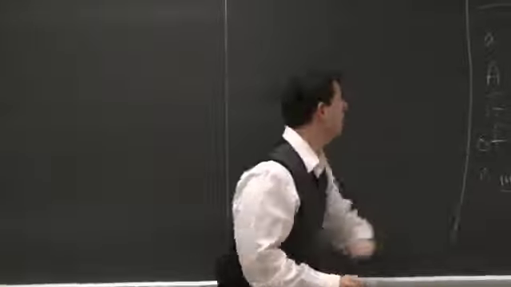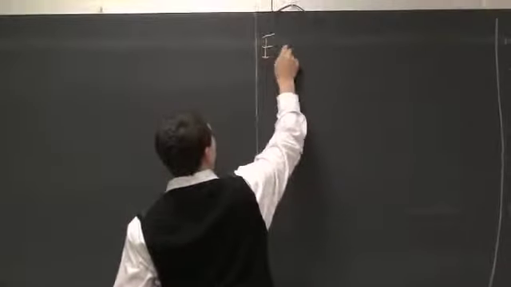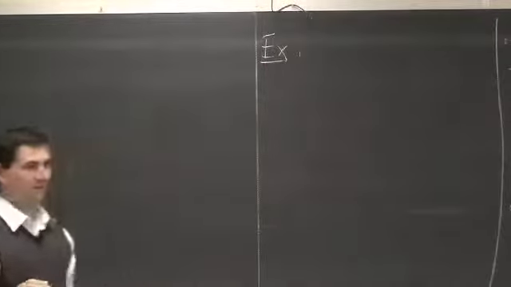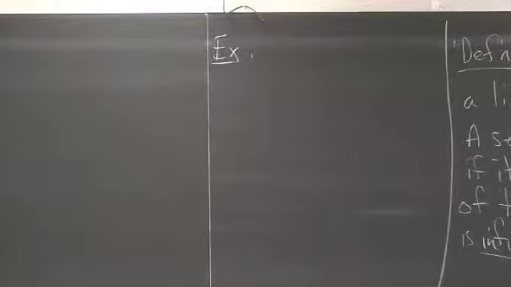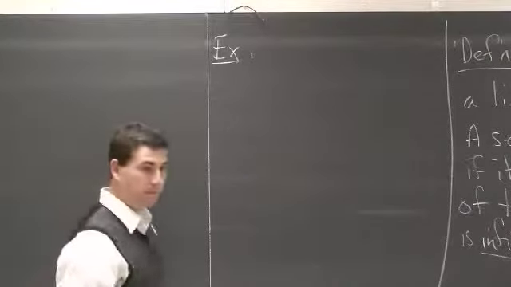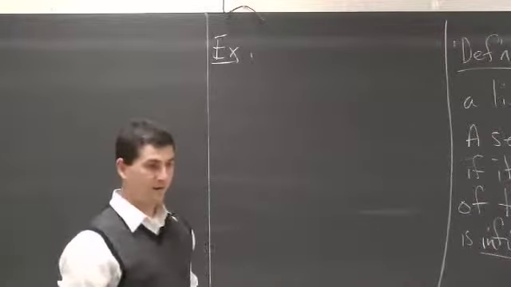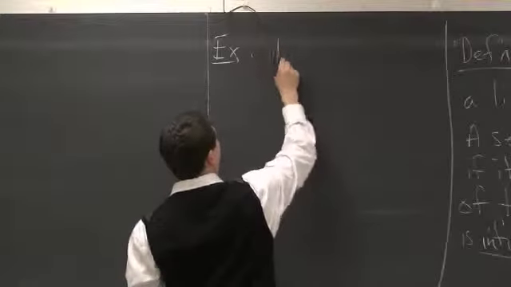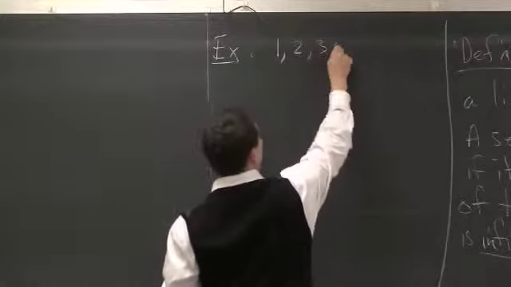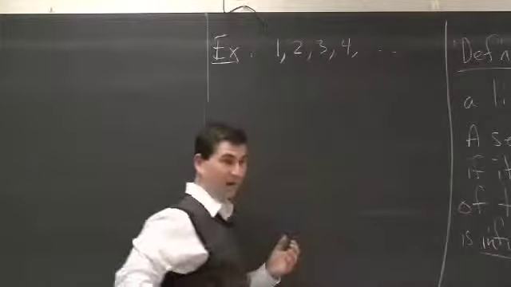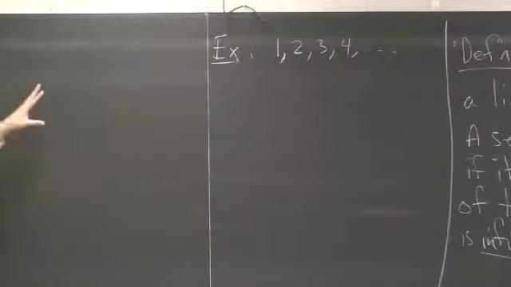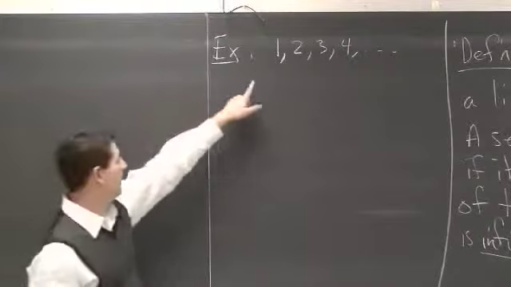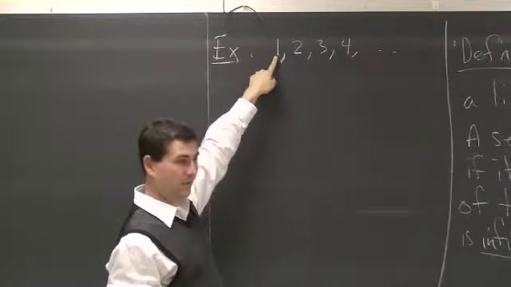All right, so give me an example of an infinite sequence. Anything you like. 1, 2, 3, 4, and so forth. This is the natural numbers, and it forms a sequence. The first term in the sequence is 1.